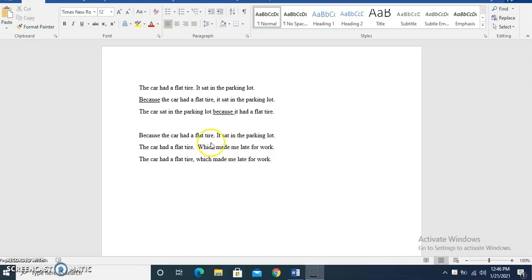It only makes sense if it's connected to this previous sentence. And again, this is a complete sentence right here. So we've created a sentence fragment because we used a period here instead of a comma connecting these two ideas together. So again, the correct way to do it is below: use a comma to connect an independent clause to a subordinating one.